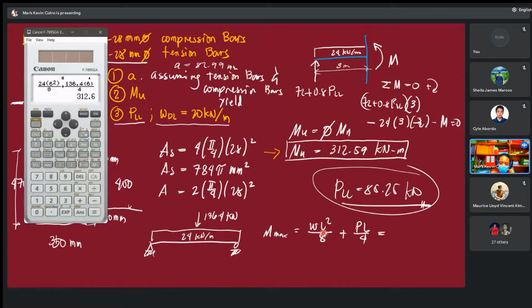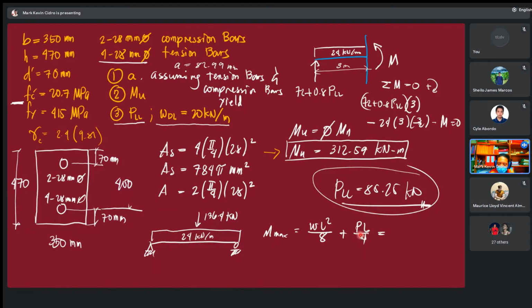This is the maximum moment for uniformly distributed load. Okay? This is the maximum moment for concentrated load at the midspan, PL over 4. Any questions so far? May pakiana?